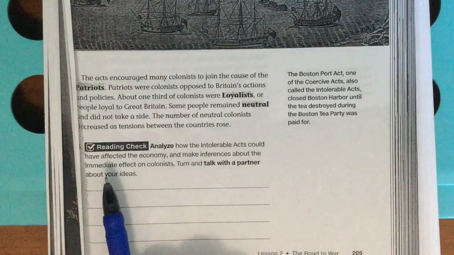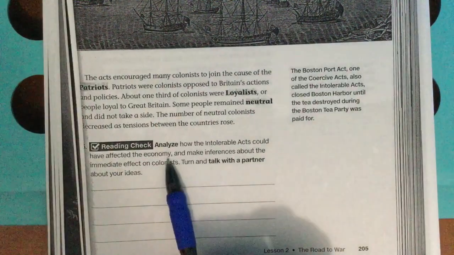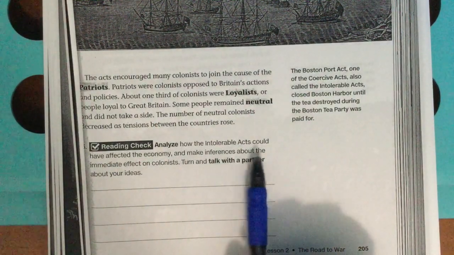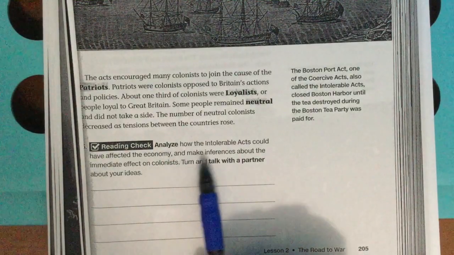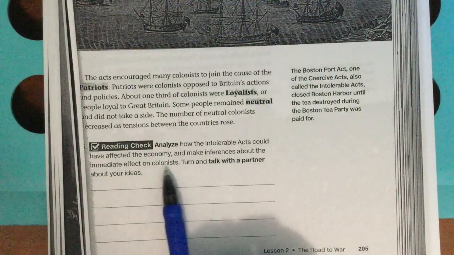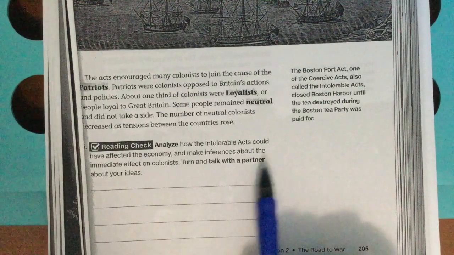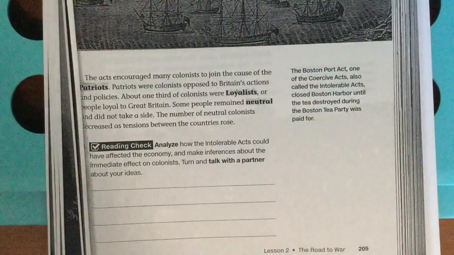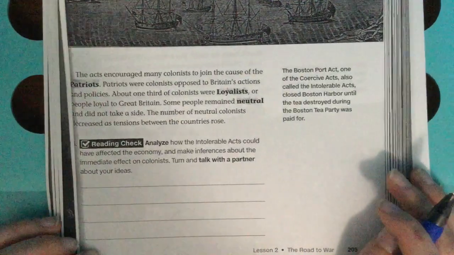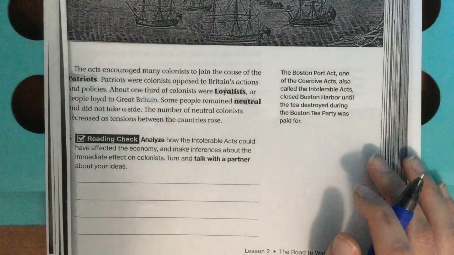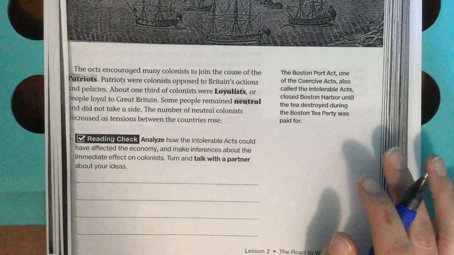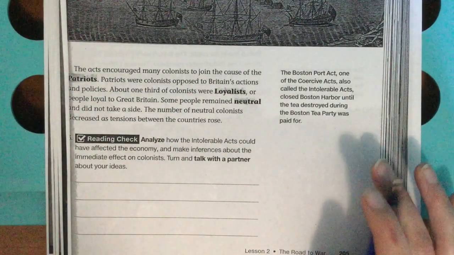Okay, so our last reading checkpoint for this part. Analyze how the Intolerable Acts could have affected the economy and make inferences about the immediate effect on colonists. Don't worry about the turn and talk to a partner unless you would like to share your thoughts with mom, dad, grandma, grandpa, whoever is helping you out. Okay? So, what basically was an effect?